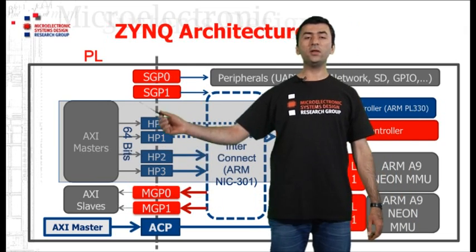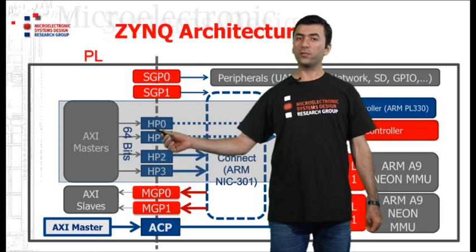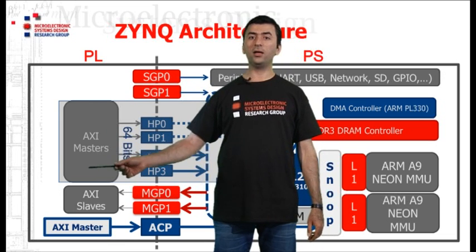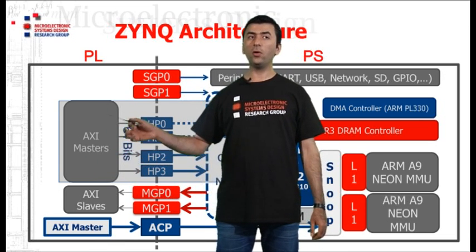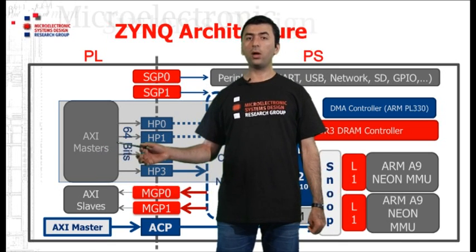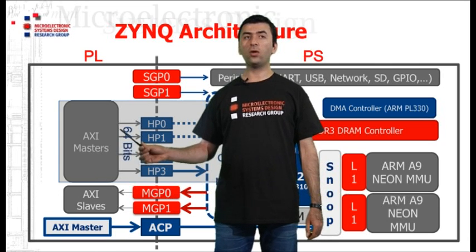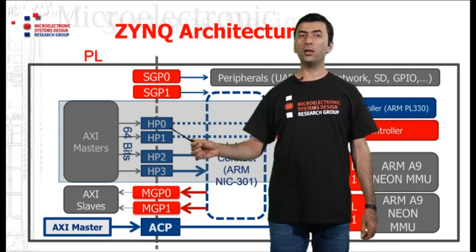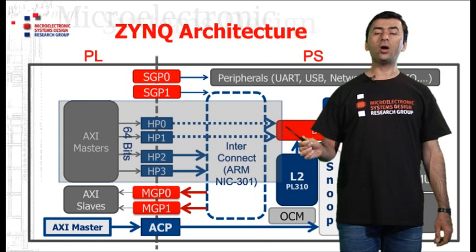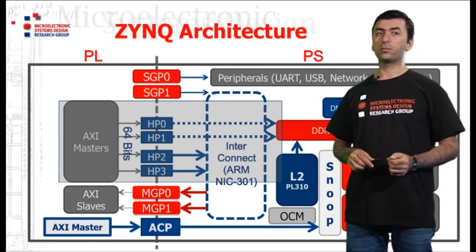And here, for these HP ports, each of the ports has a width of 64 bits. The logic, the hardware accelerator, the block that you develop here should contain an AXI master interface, and through this AXI master interface you can get connected to this AXI slave port, and this AXI slave port redirects you to the address space of the PS.